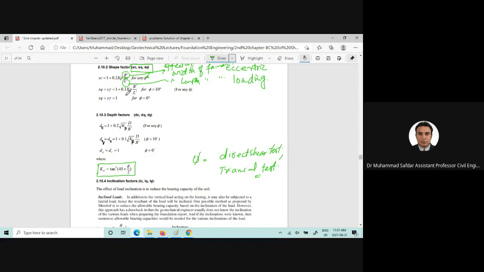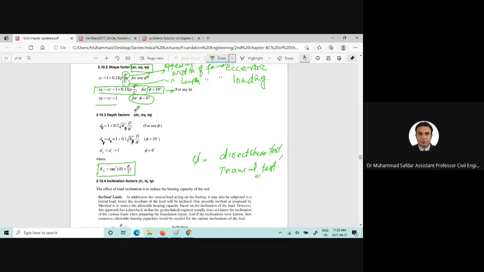Now if the friction angle is greater than 10 degrees, then you will use this equation to find out the sq and s gamma shape factors. If we are given phi equal to 0 degrees, then sq is equal to s gamma equal to 1. So both these shape factors will become equal to 1.